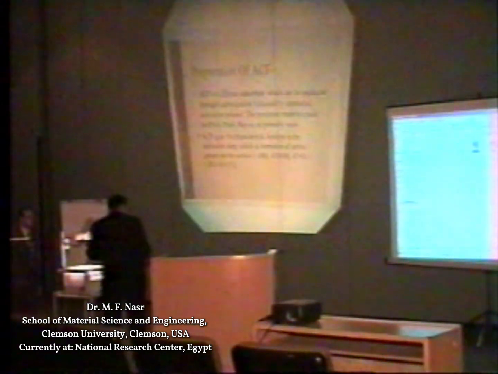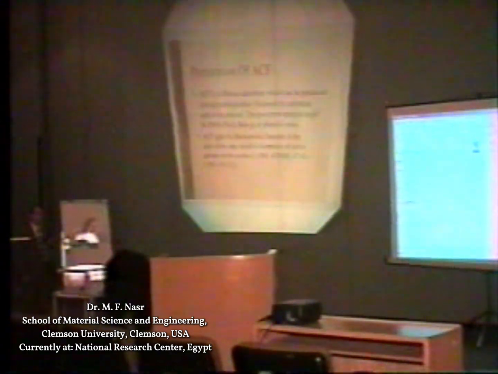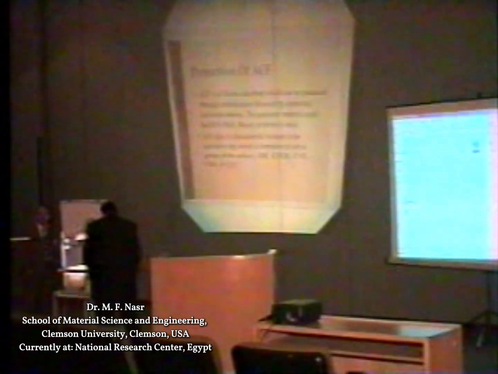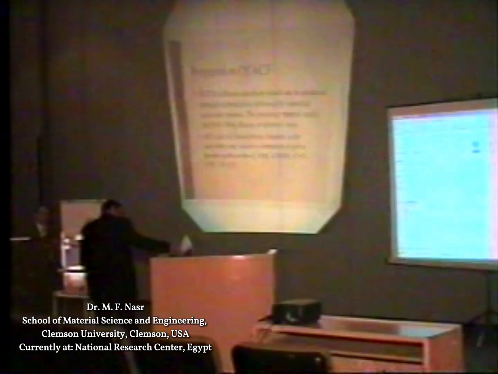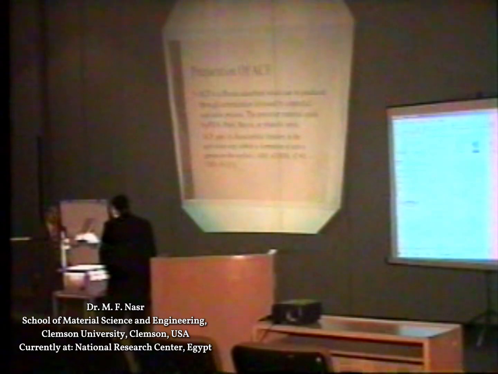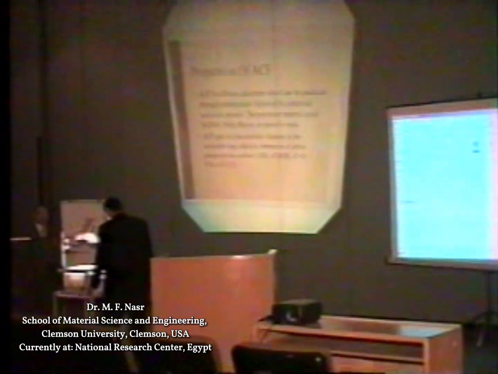In the beginning, let me introduce to you the activated carbon fiber, which is exactly like the regular carbon fiber, except we have an additional step, which is the activation step. What I mean by activation is a controlled oxidation of the surface of the carbon fiber. We do the activation using a mixture of carbon dioxide with steam.